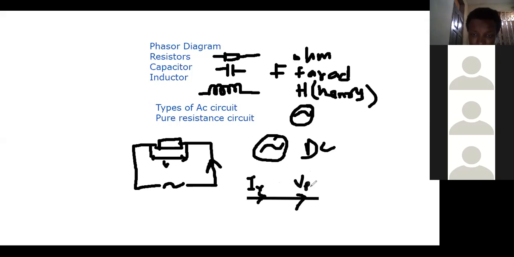So there's the voltage across the resistance and the current of the resistor, because here you are talking about a resistance circuit. Both of them are in one phase. That is why they are all on a single line, because they are all using the same trajectory, the same route. So they all go, they all come, they all rise, they all fall.